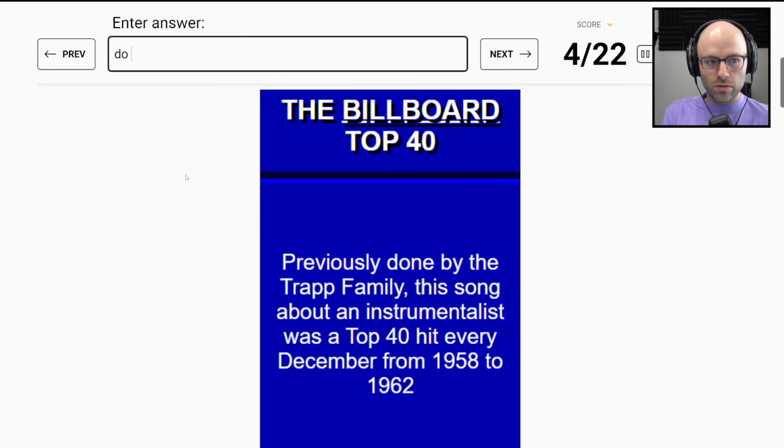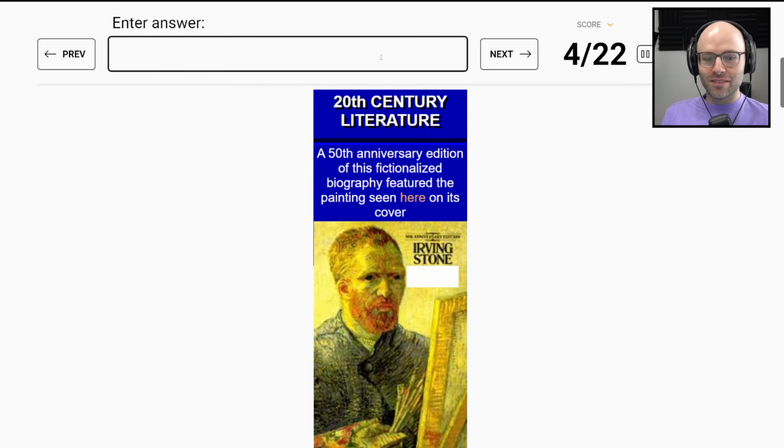What is Doe a Deer? Doe a Deer? Doe a Deer? Oh, Little Drummer Boy. So old people do go crazy for the Little Drummer Boy. It just doesn't strike me the same way it strikes them.